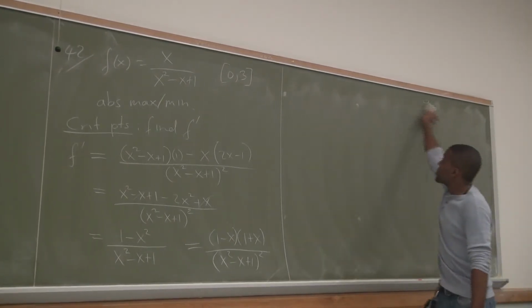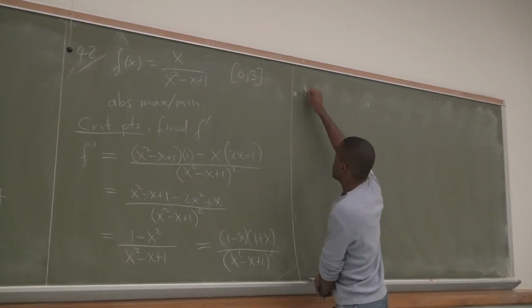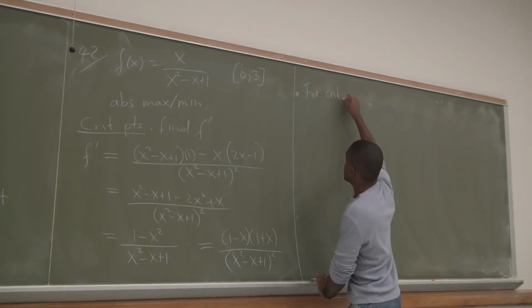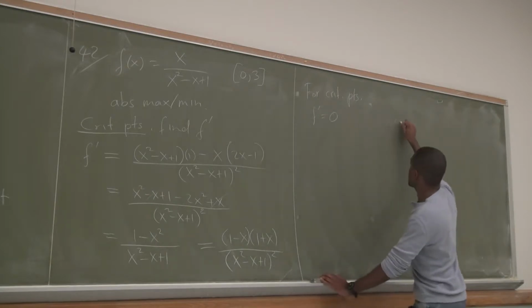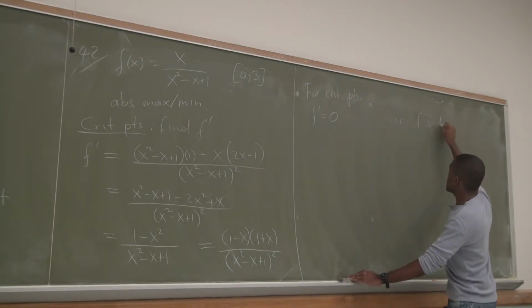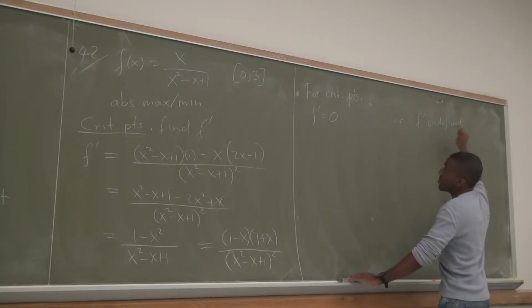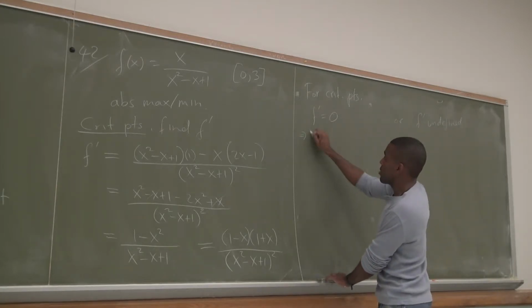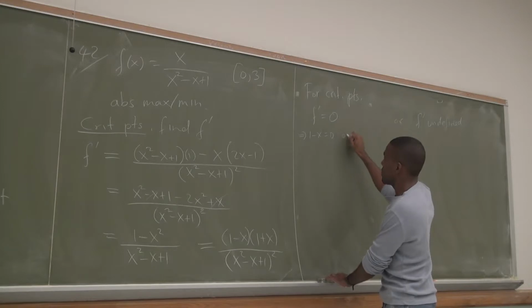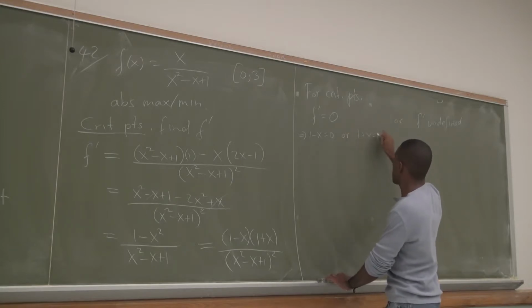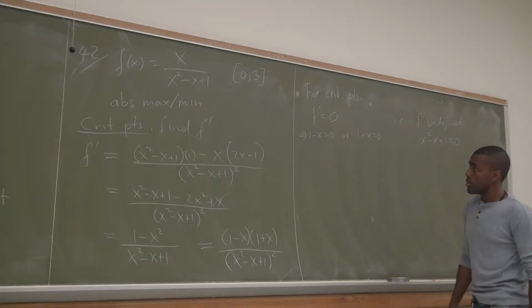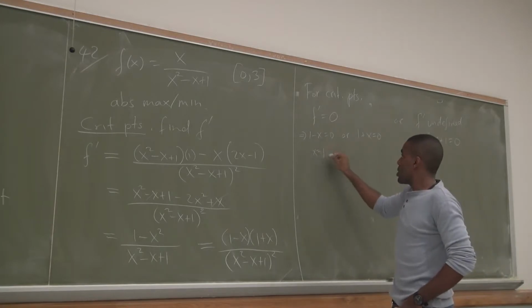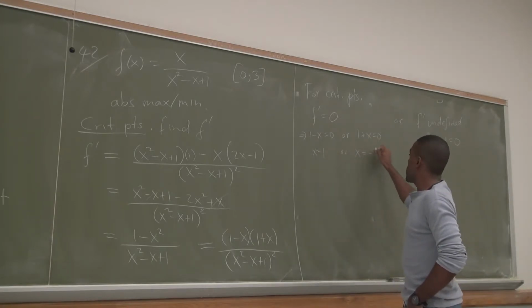So for critical points, f prime equals 0 or f prime undefined. In this case, this would be 1 minus x equals 0 or 1 plus x equals 0. In this case, you would have x squared minus x plus 1 equals 0. So this tells you x would be 1 or x would be minus 1.